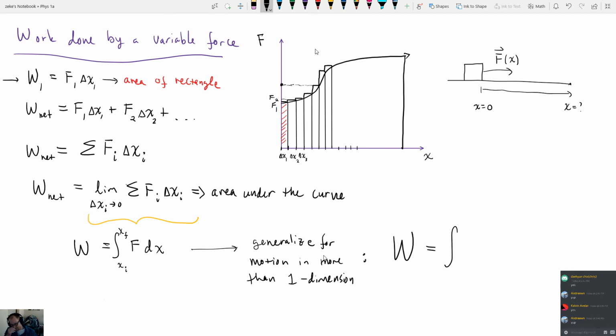We could basically do this in three different dimensions. We could write an integral for the x direction, the y direction, and the z direction. And this is what it would look like. Does that make sense?